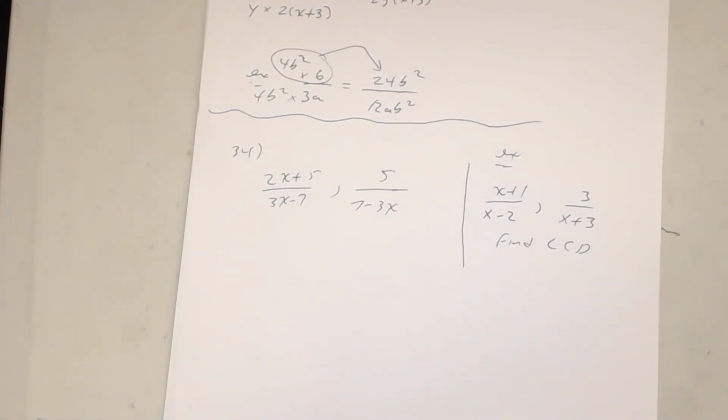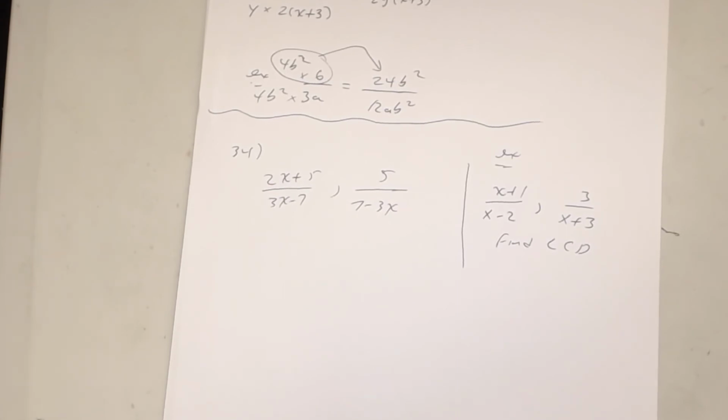You gotta remember something we talked about last time. The least common denominator has to have every factor. What's the factor in that first fraction in the denominator? X minus 2. So x minus 2 better be part of the LCD.